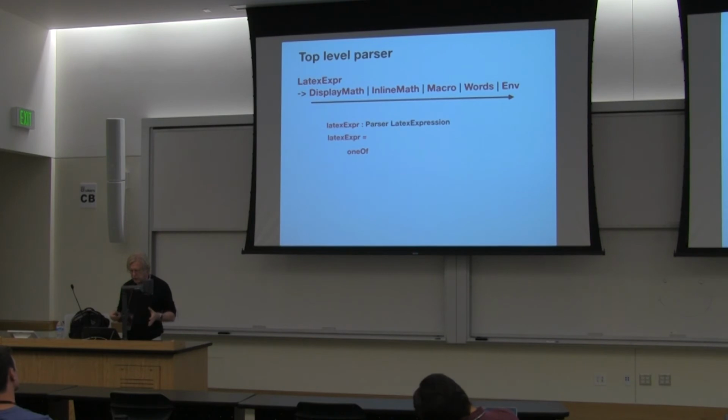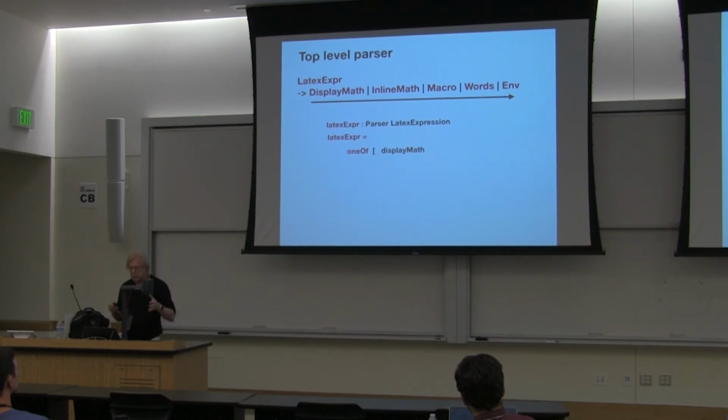We start with one of, and one of accepts a list of parsers, and the list is a parser for each thing that you see on the right-hand side of the production. So it seems like we're doing nothing, and in a sense we are, because display math, inline math, macro, etc., those are all parser functions which you have not yet defined. But it's sort of describing a work plan for you. So there it is. That's the top-level parser.